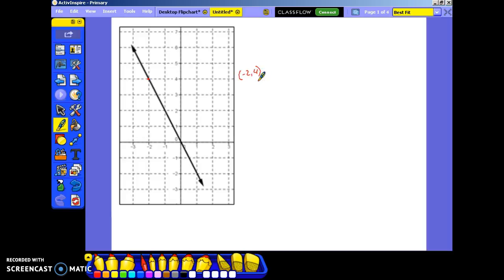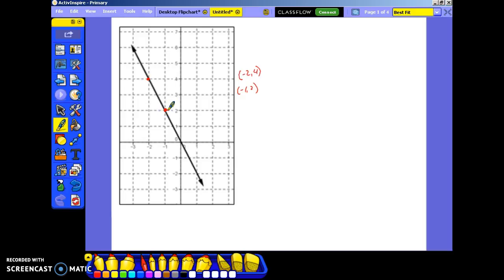My second ordered pair that I'm going to use is -1, +2, because again, this is right on a crosshair.